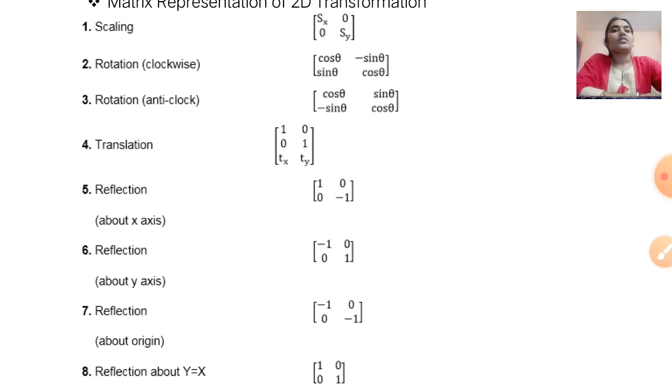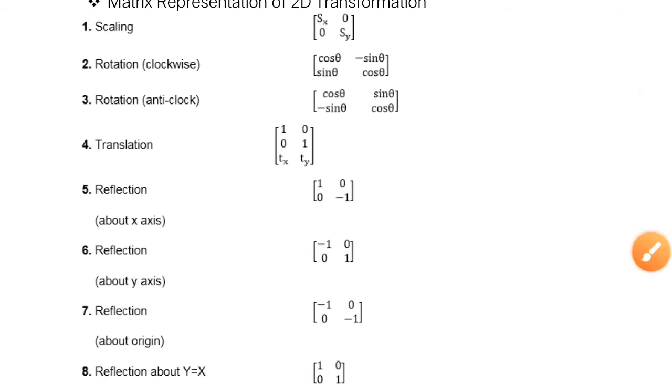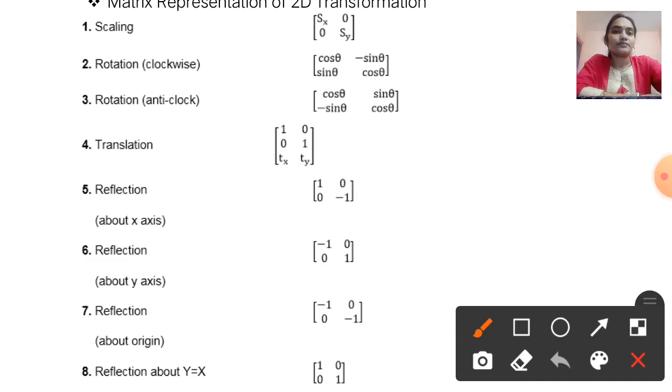In scaling, the scaling matrix representation is Sx 0 and 0 Sy. Also we can show it in column vector or row vector form. Second one is rotation. Rotation is clockwise and anti-clockwise, two types of rotation.